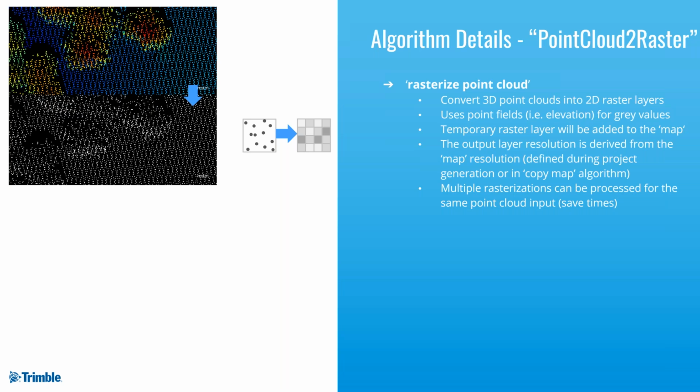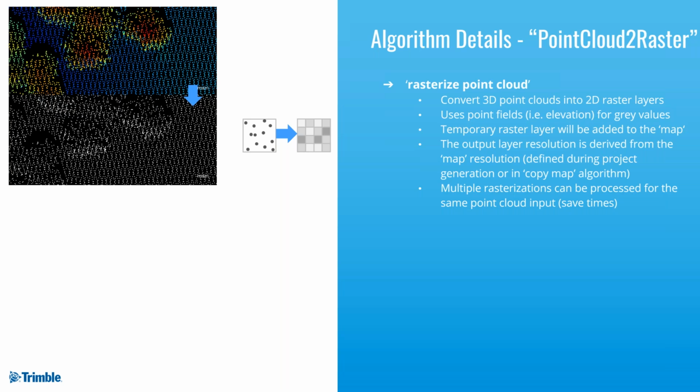Okay. What this does is create a temporary raster layer in your project, in that map environment of the project. Of course, you can export these if you want them. It's important to point out what kind of resolution this output layer is going to have, because if you're mixing this with imagery, maybe you have 5 meter imagery, but your point cloud is different.